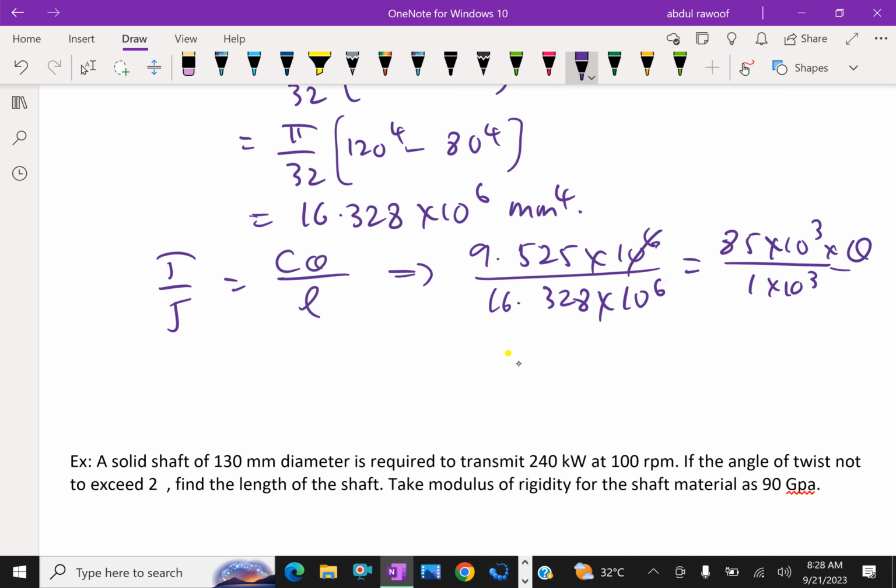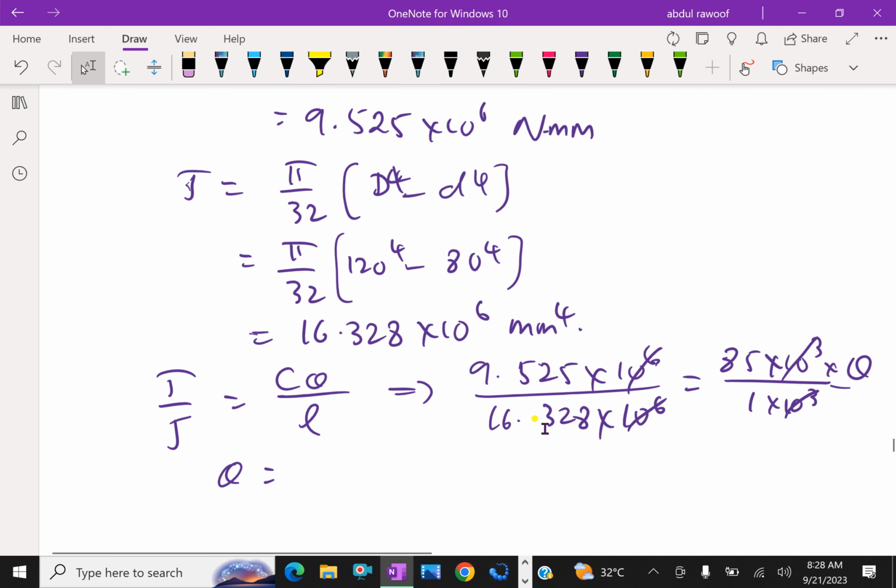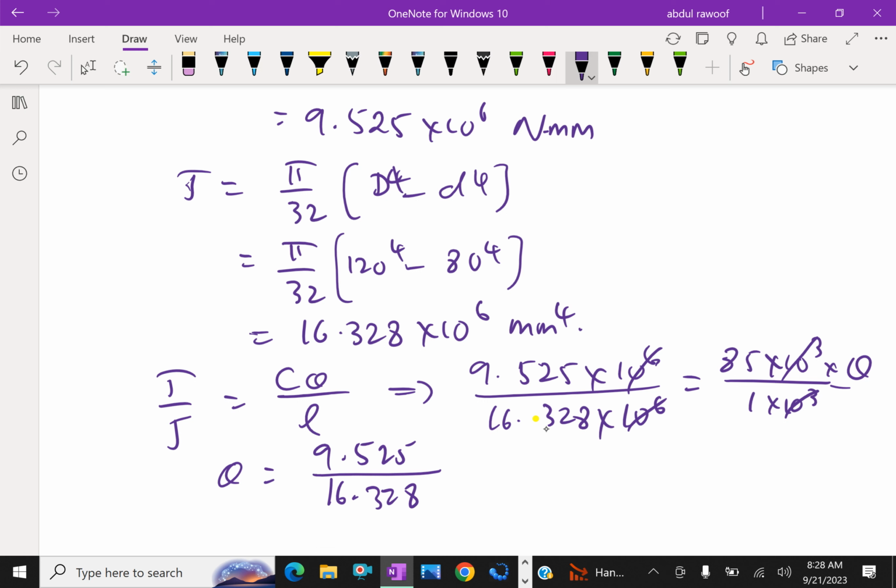So the common terms cancel, and therefore theta equals 9.525 over 16.328 over 85.